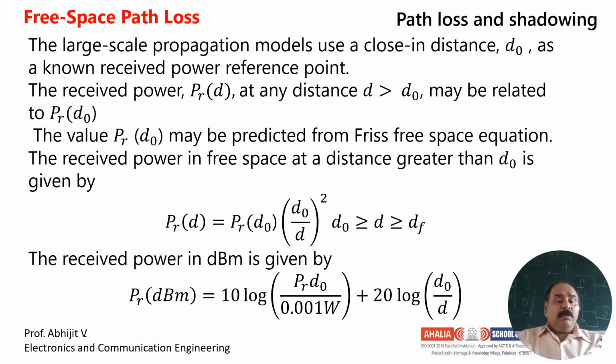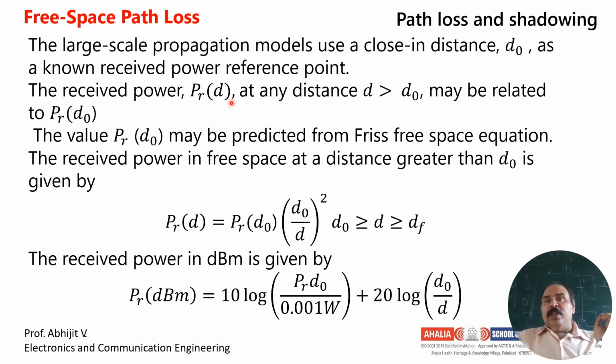Previously, in the last session, we saw what large scale fading is. Today we'll be seeing what a large scale propagation model is, and what happens when we design a model which is large scale, which covers a larger area. The large scale propagation models use a close in distance d naught as a known received power reference point.